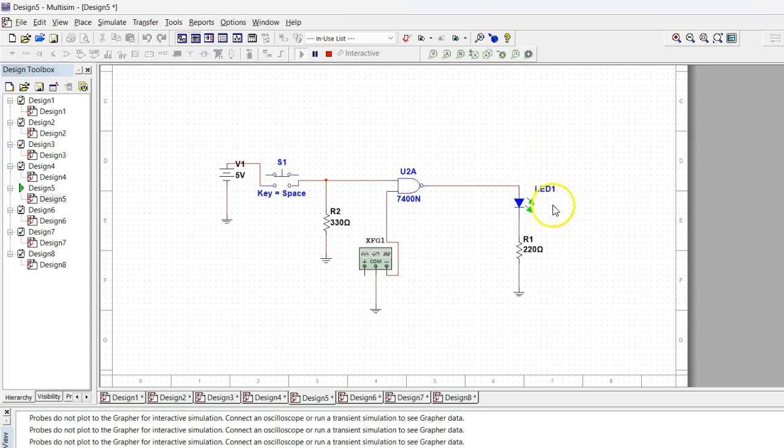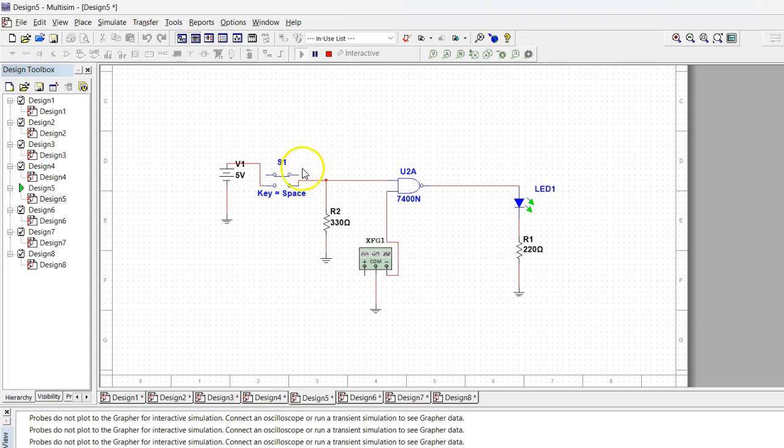If I don't push the button, the input of U2A is 1, 0, and the other one can be 0 or 1 because of the function generator wave. So when the inputs are 0, 0 or 0, 1, the output is 1. So the light continues to be on.